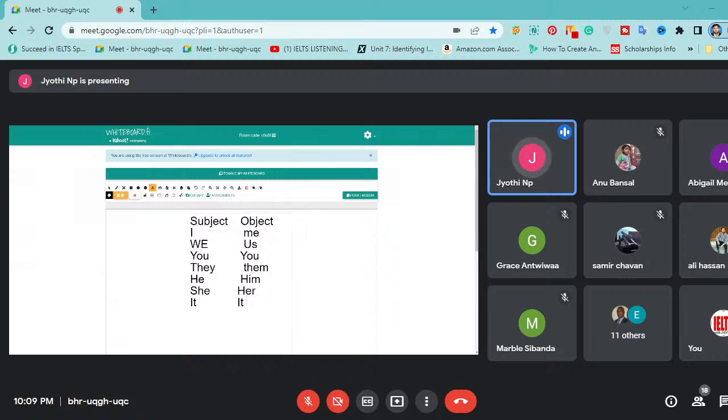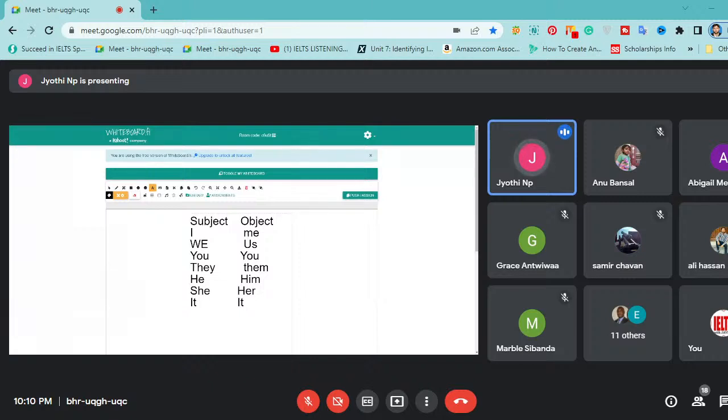So here I'm using you as a subject and me as an object. We are expected to arrive at the party by 7 p.m. She called all of us to her house. Now I'm just giving some small examples of how to use the subject and the object.